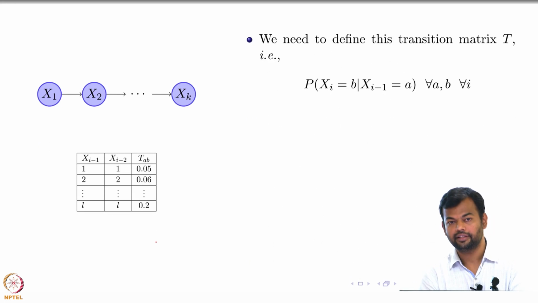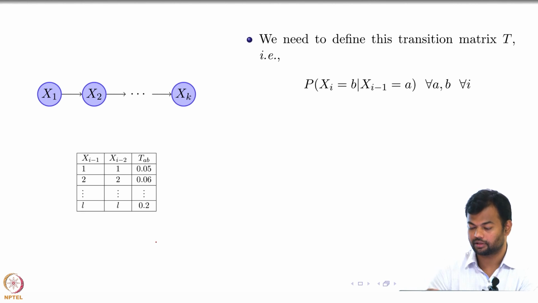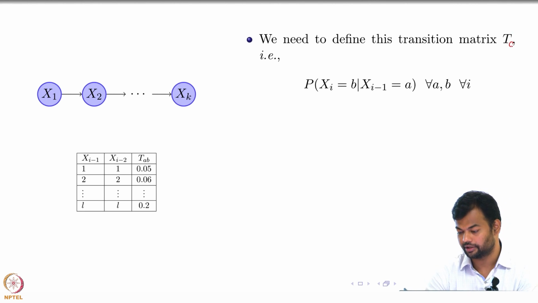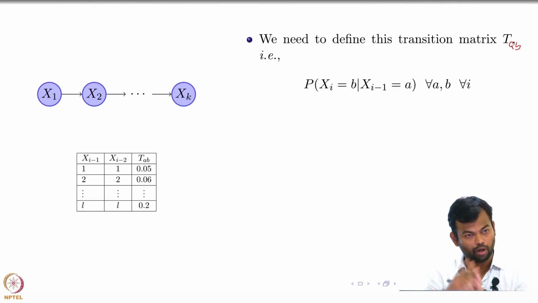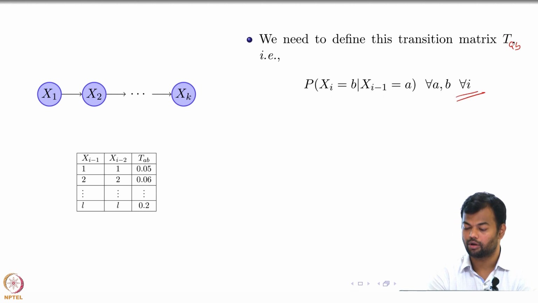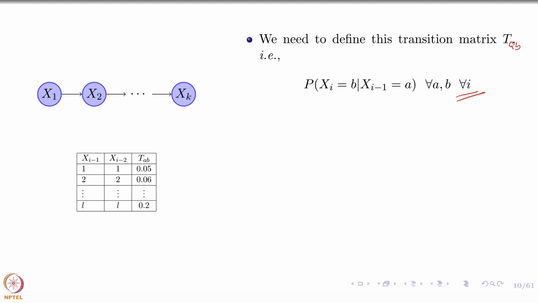Now we need to define TAB for all A comma B. That means I need to define this matrix which has all the A comma B values in it for all i. Why am I saying for all i? Say I've defined it for time step 3, right?